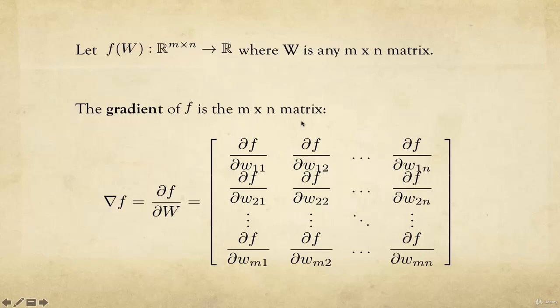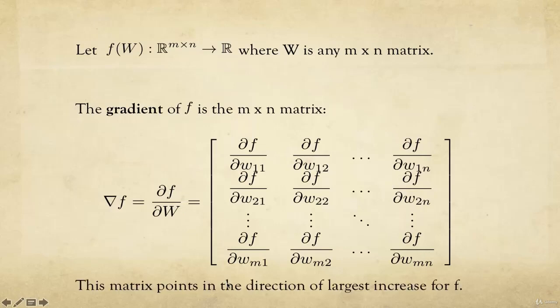And again, this big matrix is the gradient of f. In other words, the interpretation is still the same. It represents the direction that I move in the w direction that will help me increase f the fastest. So this matrix points in the direction of largest increase for f. So this is what we're going to use because, as we remember, our function is a function on matrices.